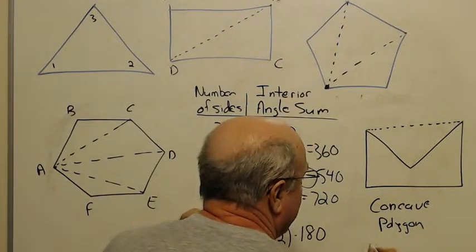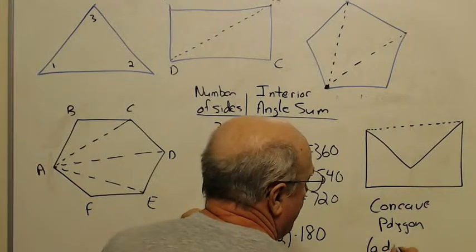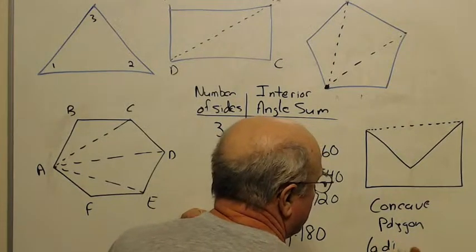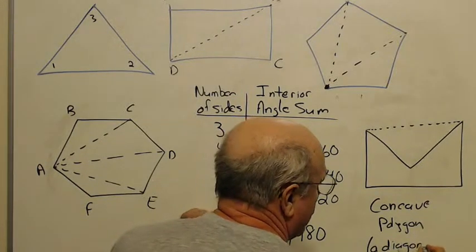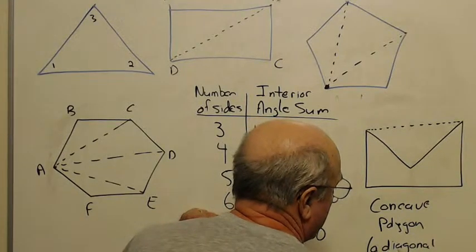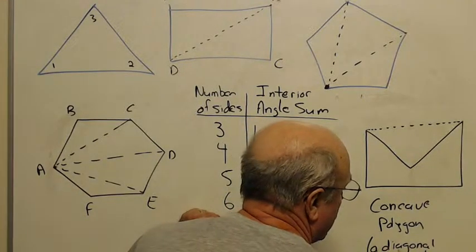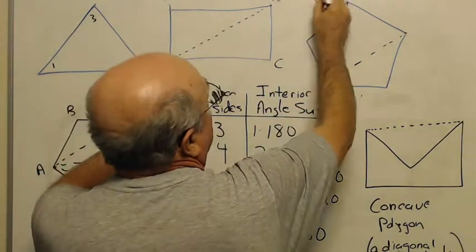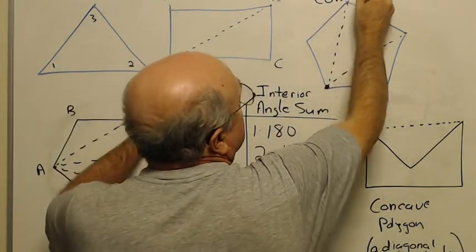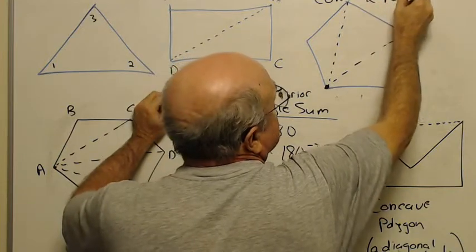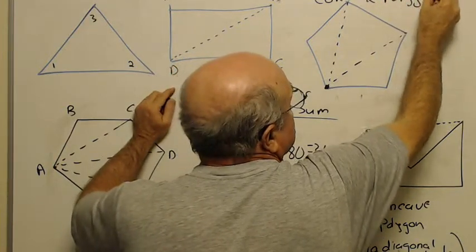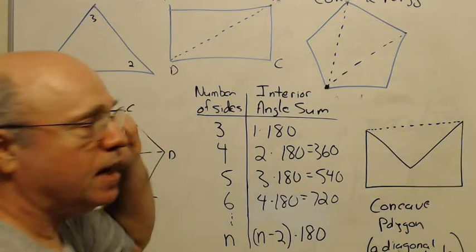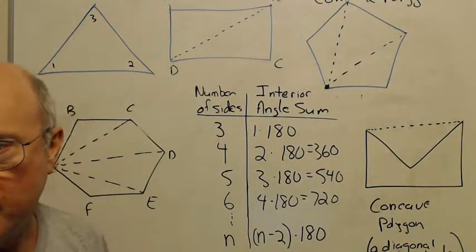A diagonal is on the outside. All these other ones are called convex polygons. And unless you're told otherwise in this chapter, you'll be dealing with convex polygons.